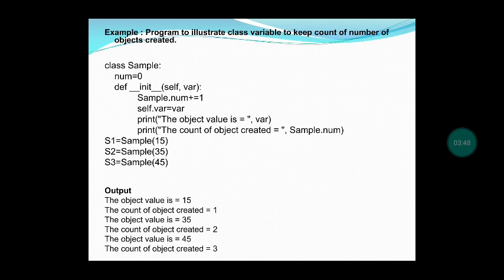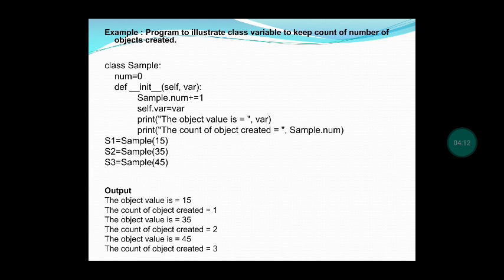In this example we have created 3 objects, that is S1, S2, S3. For S1 the value we have given is 15, and for S2 35, S3 45. And here we are incrementing the count by 1.